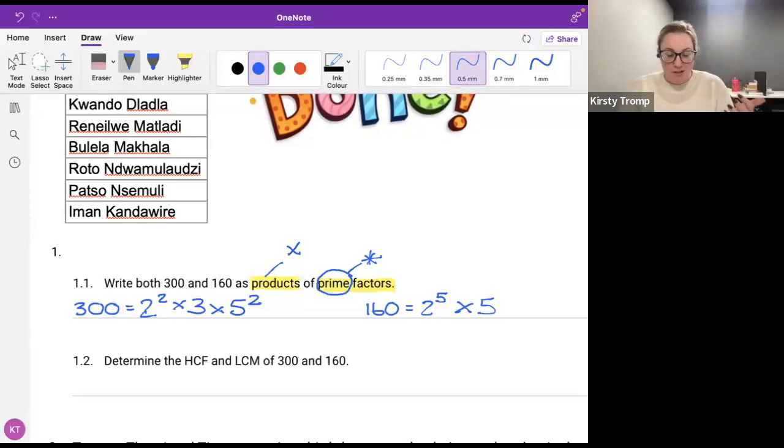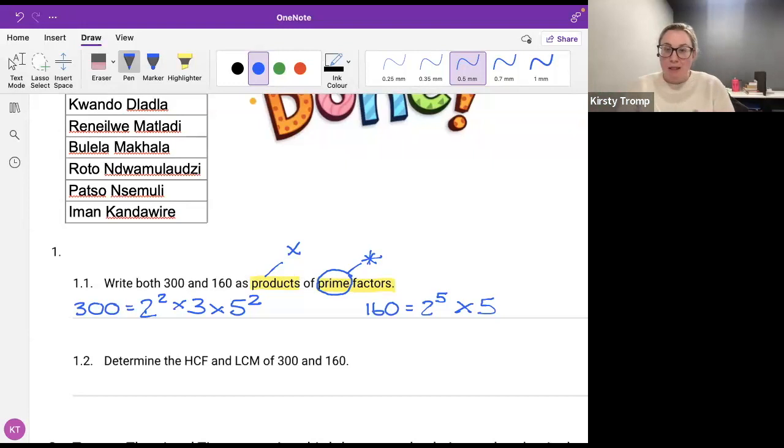And LCM stands for the lowest common multiple. So they want to know, what is the highest common factor of 300 and 160? So the two numbers that we've just done.